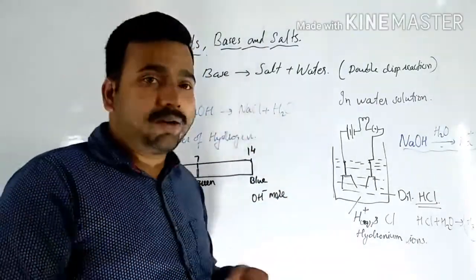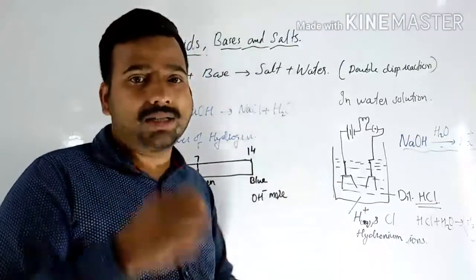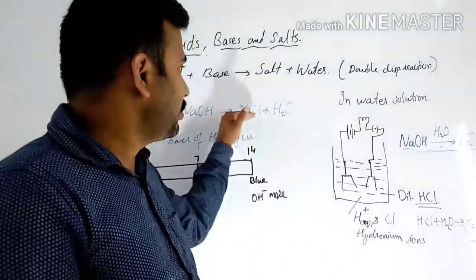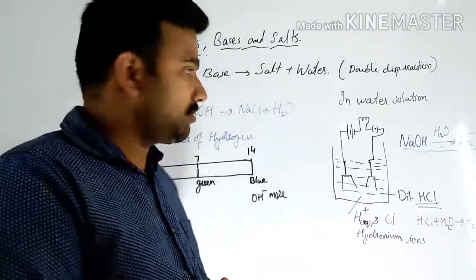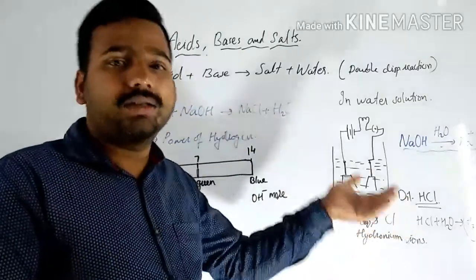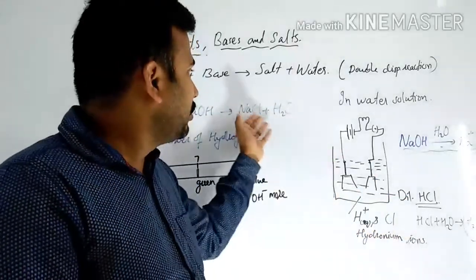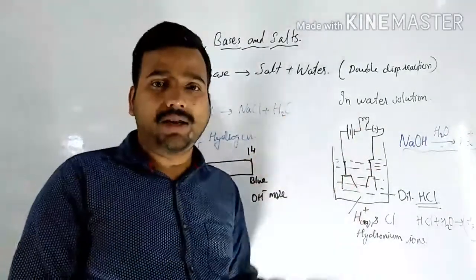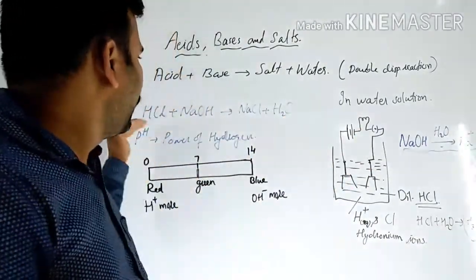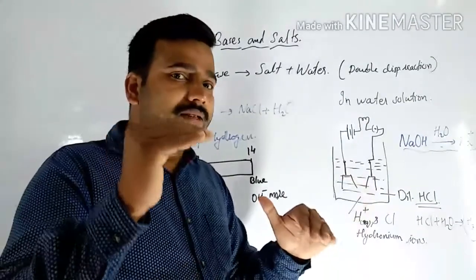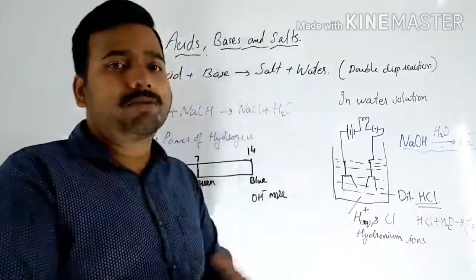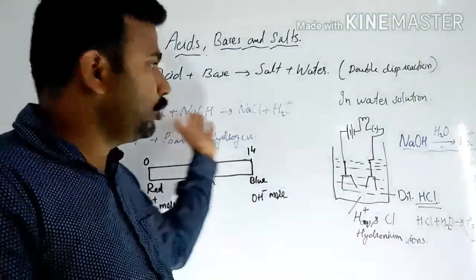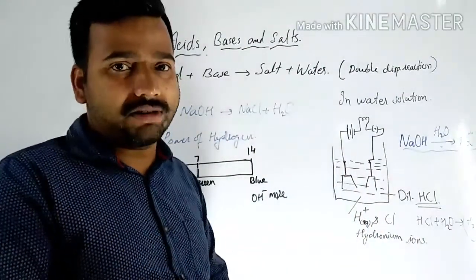As a result, we obtain a salt, that is sodium chloride, which is neutral in nature, neither acidic nor basic. Water is also formed as an additional product. That's why this reaction is also named a neutralization reaction.